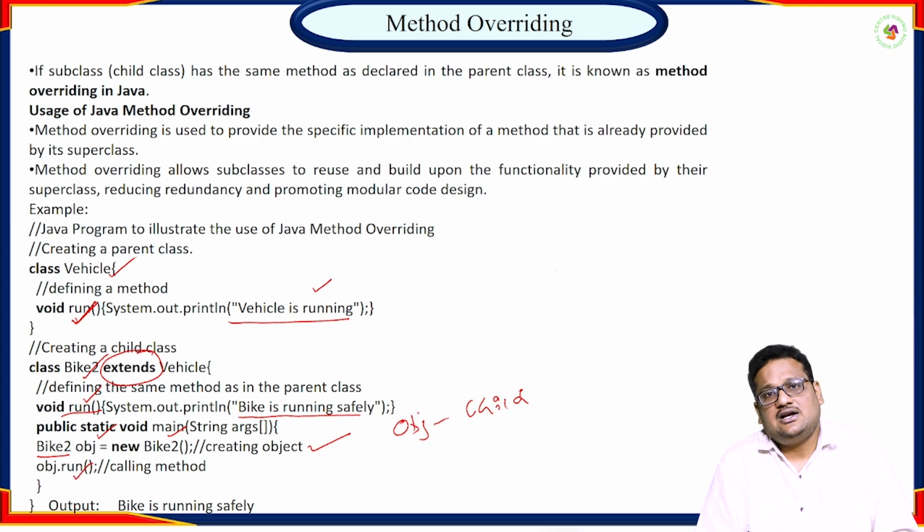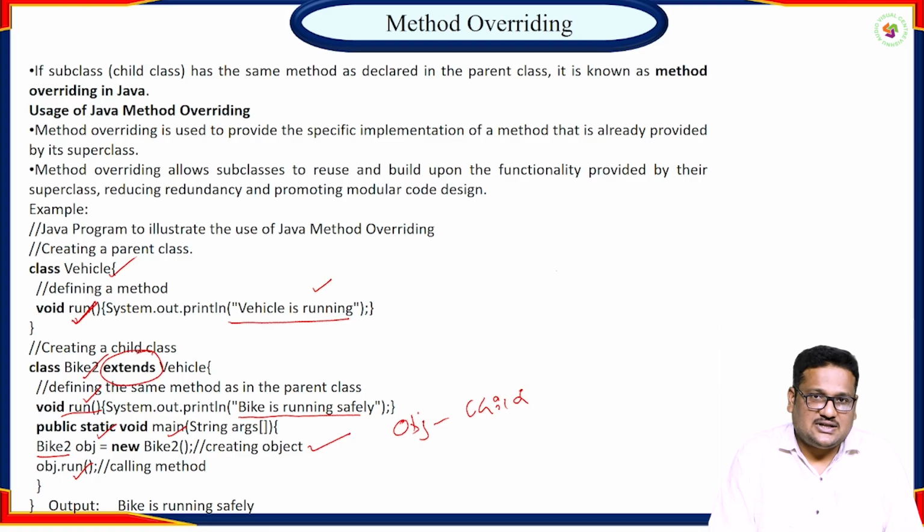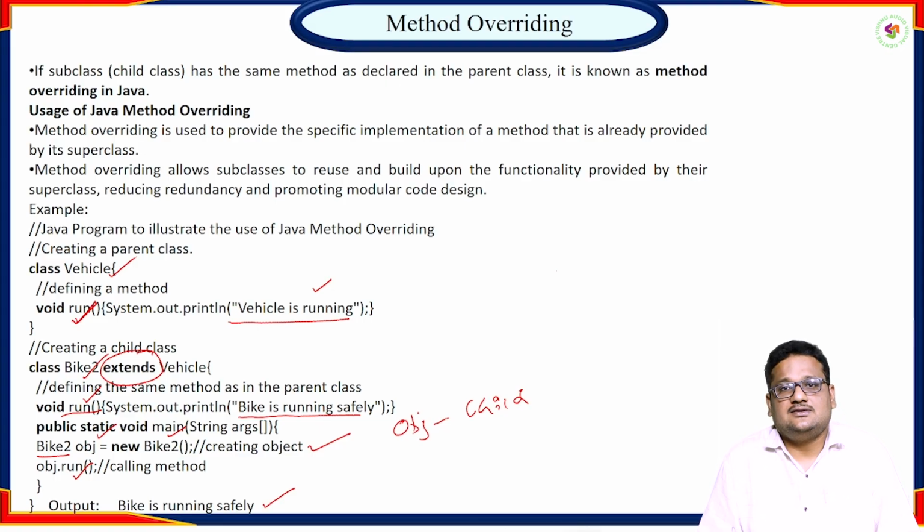Since the run method is there in the child class as well as in the parent class, the child class method will be invoked automatically. This child class method gives us the statement Bike is running safely. So this is the concept of method overriding, and with its help we can achieve runtime polymorphism.